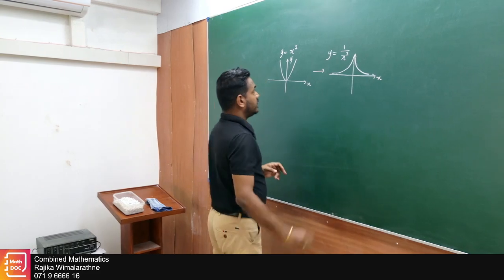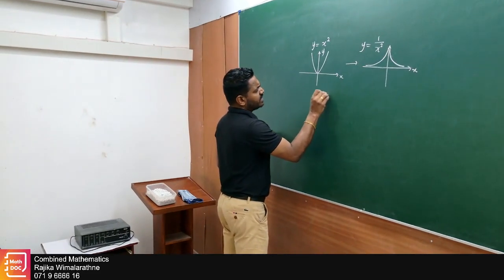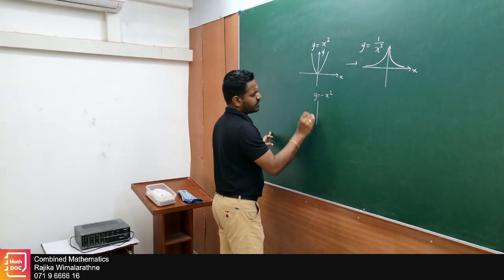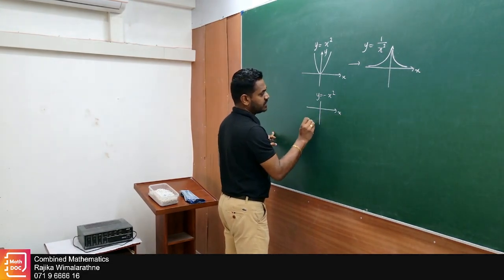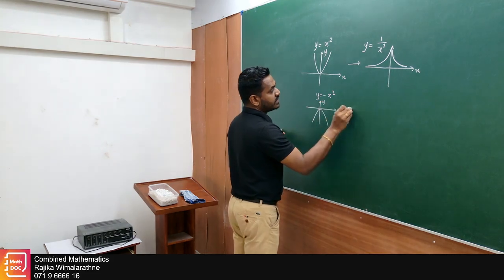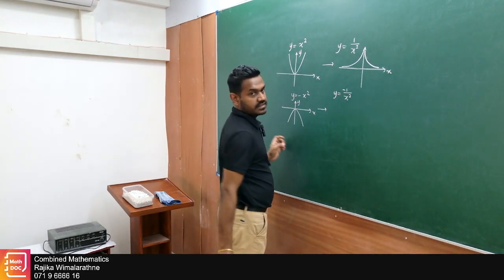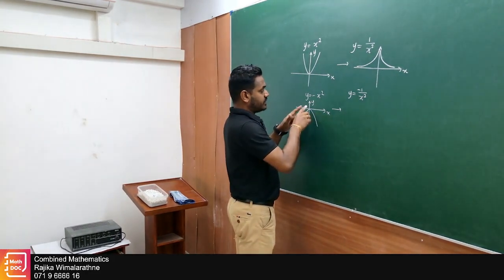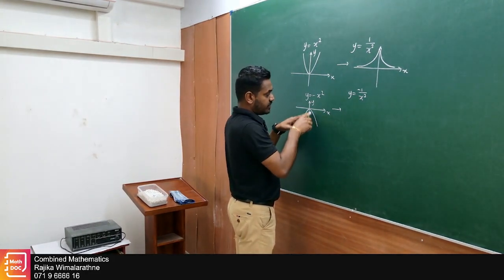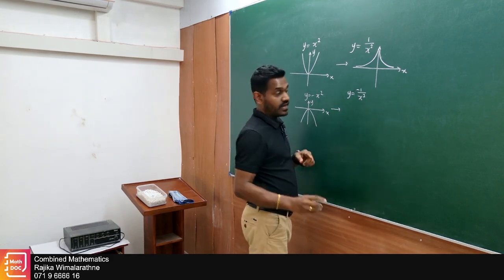Okay. Then consider y equals minus x squared. We know this function has a maximum shape. Then its reciprocal, y equals 1 over minus x squared. Here maximum changes to minimum and 0 goes to infinity.